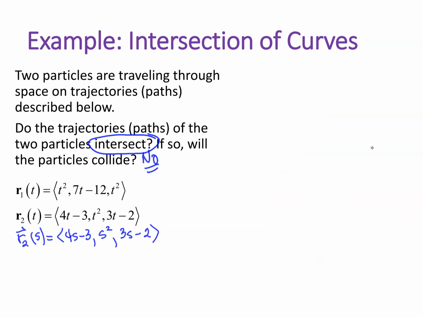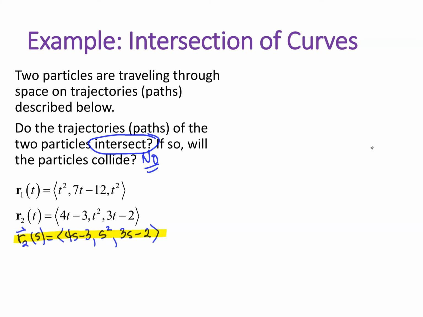Since we know that the two particles are not going through the same point in space at the same time, I'm going to change the parameter for our second function, R2, to another symbol, another variable.